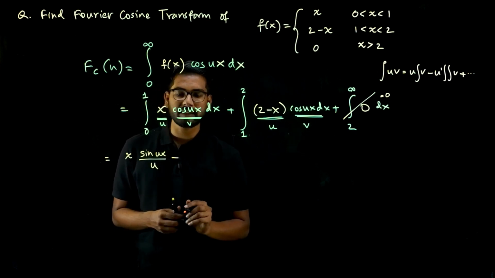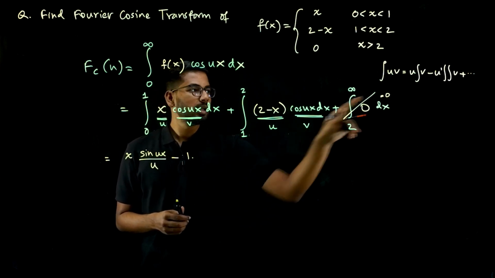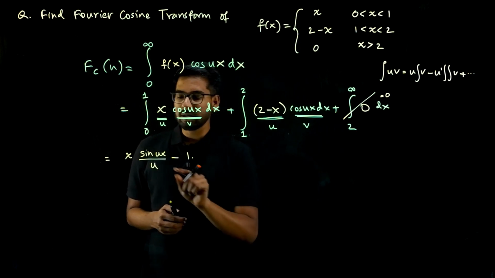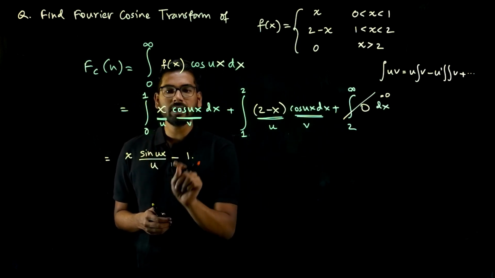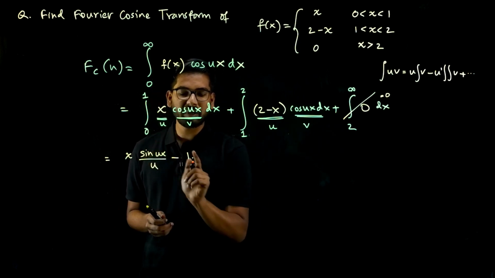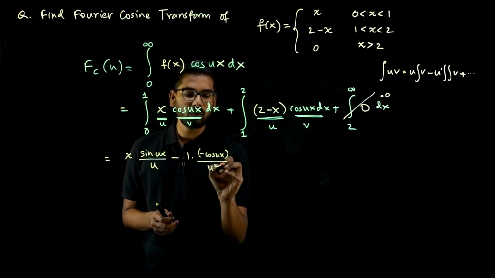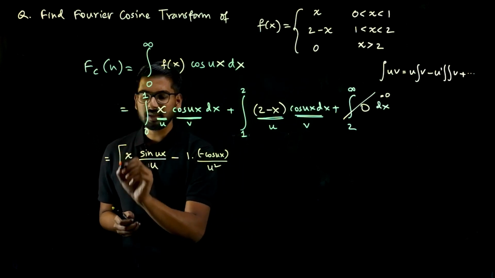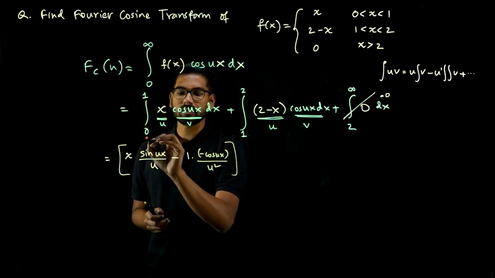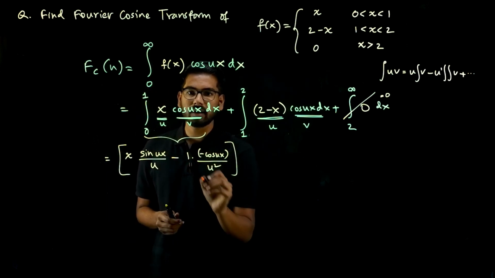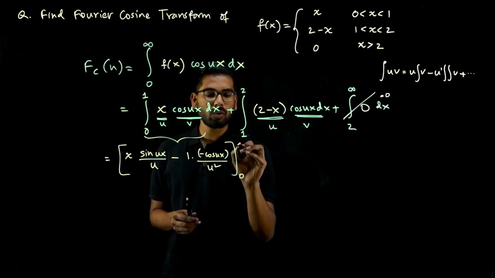The differentiation of x is 1, times the integration of v, or the integration of sin ux by u, which is minus cos ux by u square. So this is the first term, and this is from limits 0 to 1.